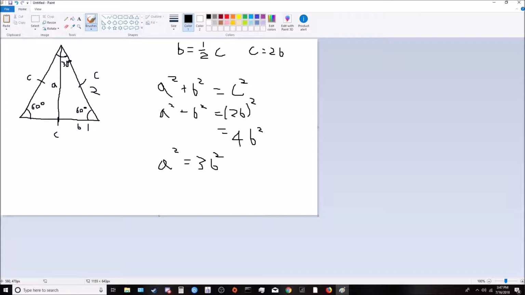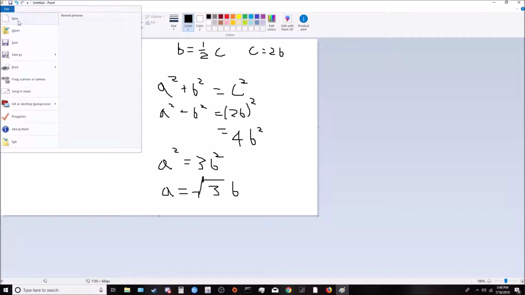Now if you take the square root to remove the power, you end up with a equals root 3 times b. So a and b exist in a root 3 to 1 ratio. And that's how that is derived.